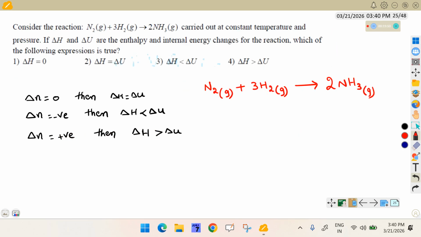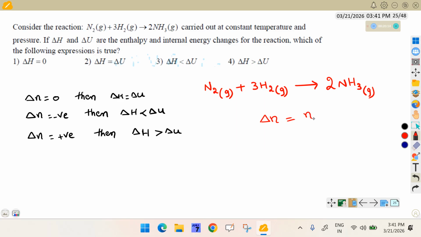Consider the reaction N2 plus 3 moles of H2 gives rise to 2 moles of NH3 carried out at constant temperature and pressure. If delta H and delta U are enthalpy and internal energy changes for the reaction, which of the following expressions is true? Calculate value of delta n.